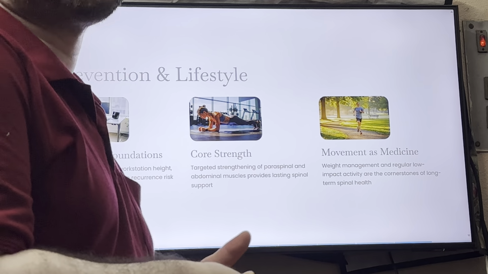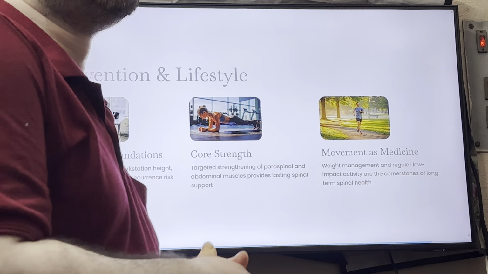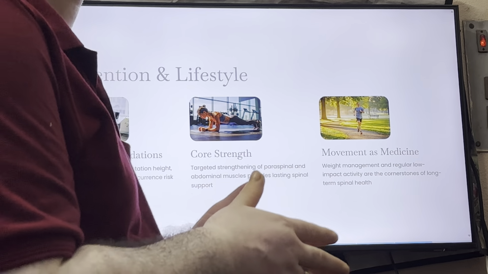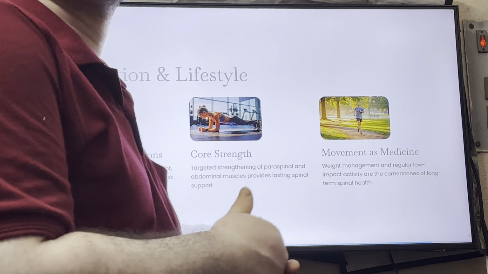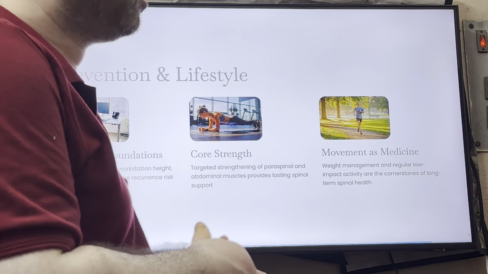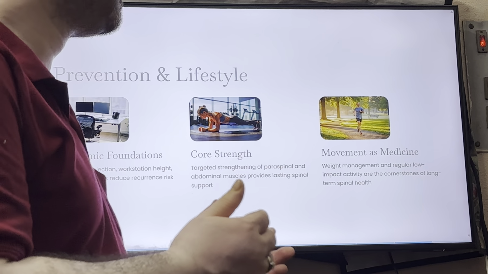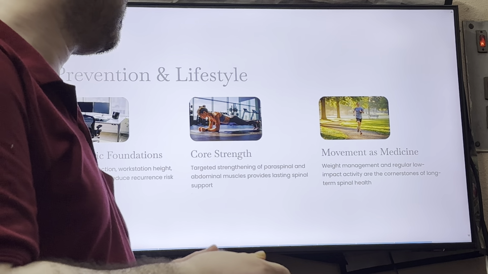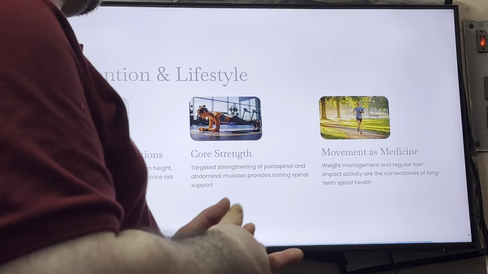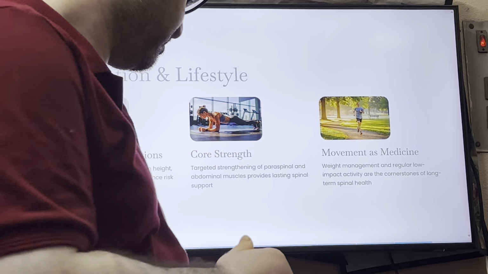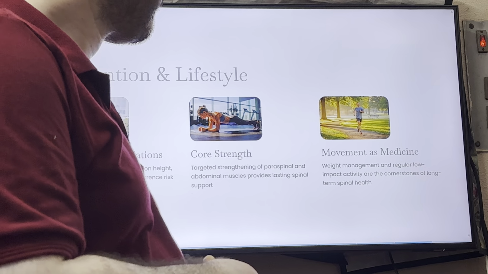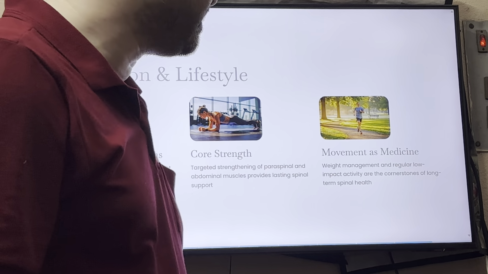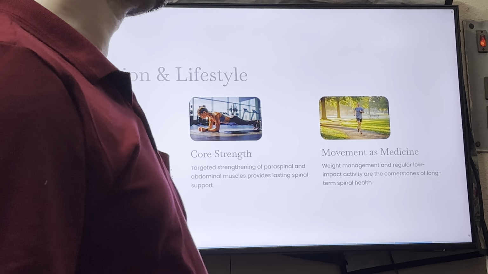If the muscles are weak, most of the body weight and workload goes to the vertebra and spine, and there is a chance of increased chronicity or recurrence risk. So targeted strengthening of the paraspinal and abdominal muscles by exercise and increased physical activity is very important. Movement as medicine: weight management and regular low-impact activity are the cornerstone of long-term spinal health.